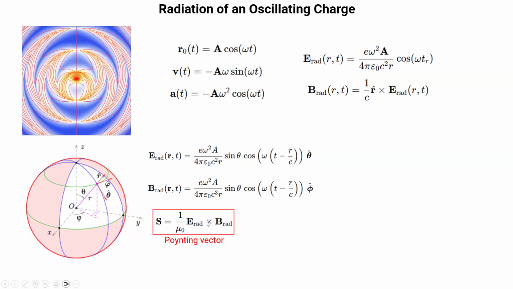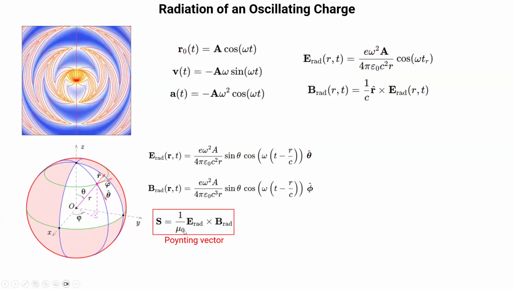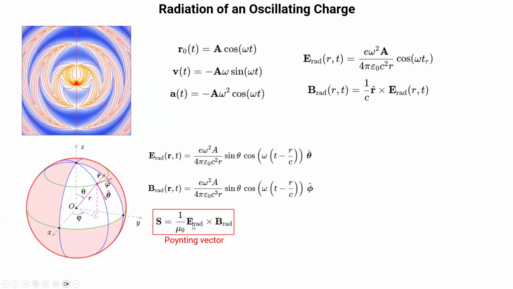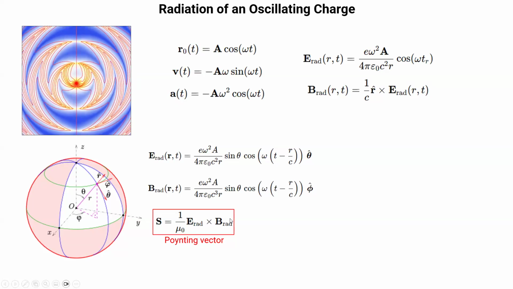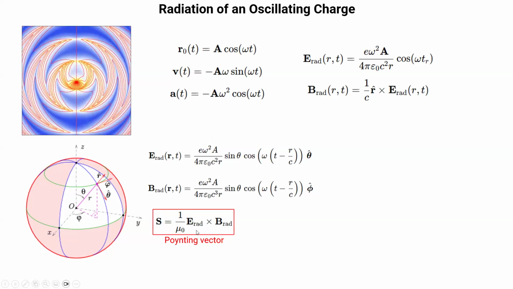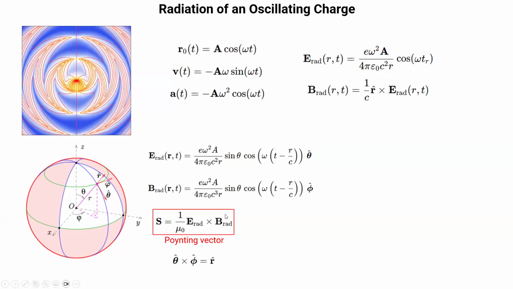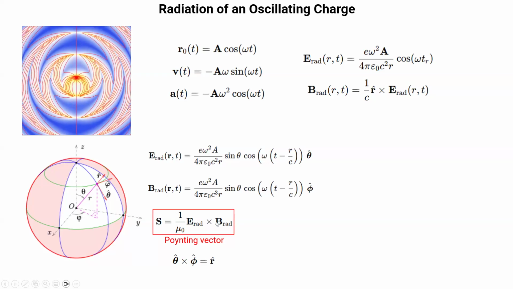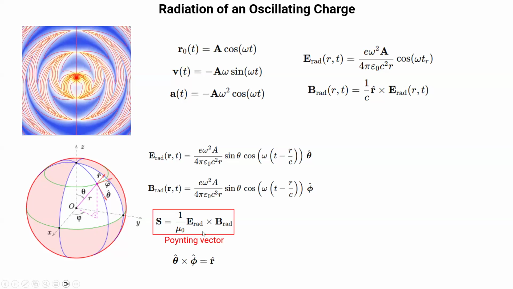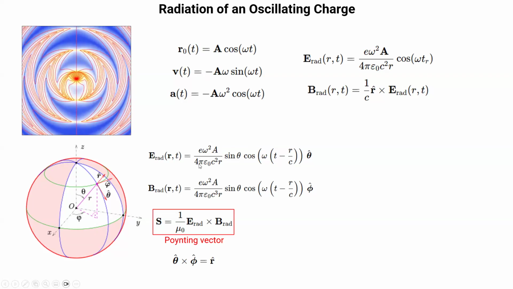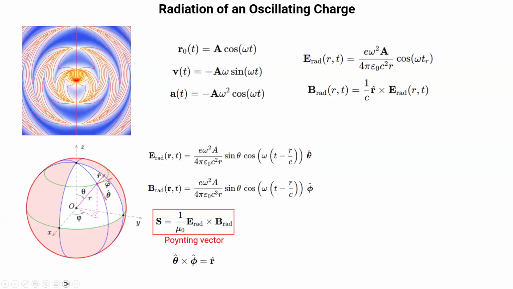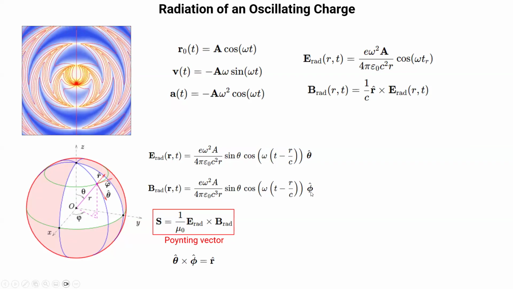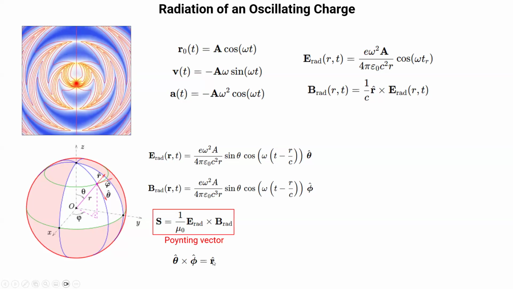Not only radiated, but for now we are considering the radiated part of the field. If you substitute these two equations into this definition of the Poynting vector, we get the product of these functions and the cross product of the unit vectors theta and phi, which is simply r.